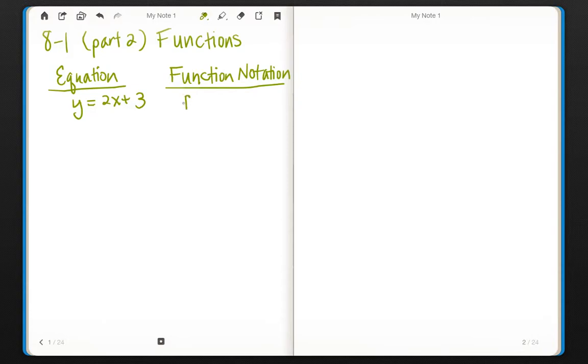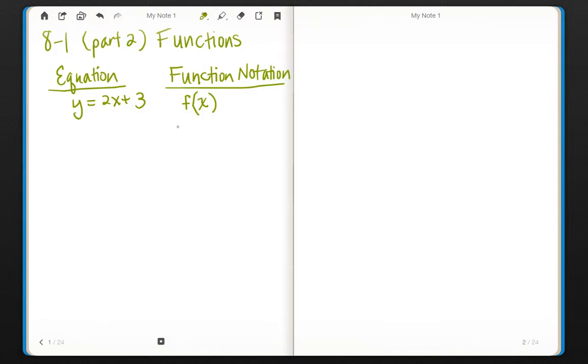It's f for function, and then in parentheses you put an x because that's your input. And these parentheses are not indicating multiplication. This doesn't mean you multiply a variable f times x.